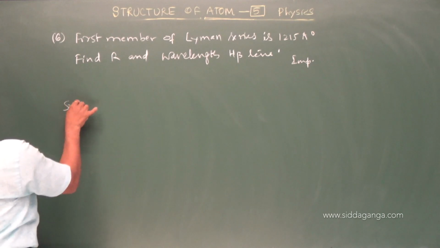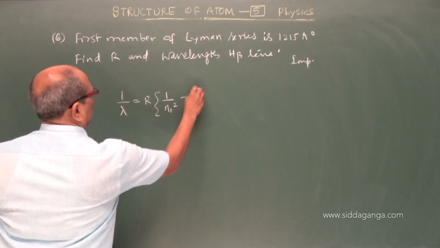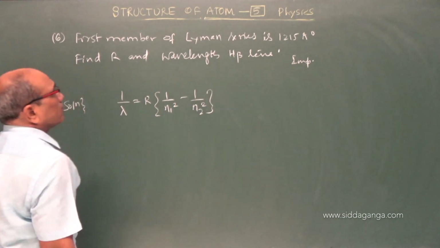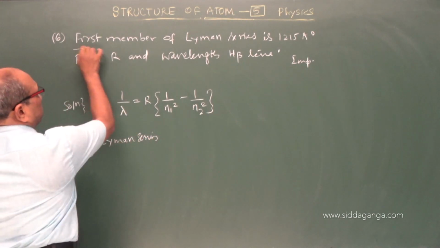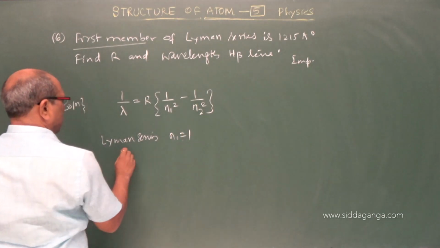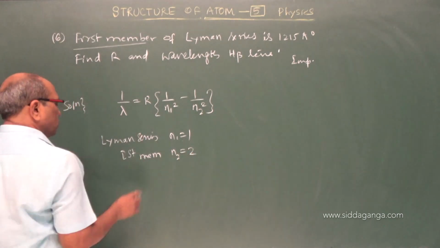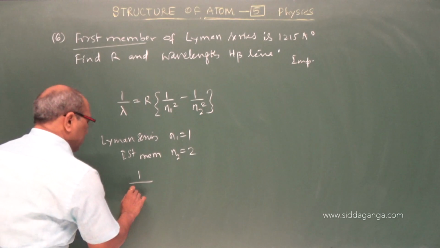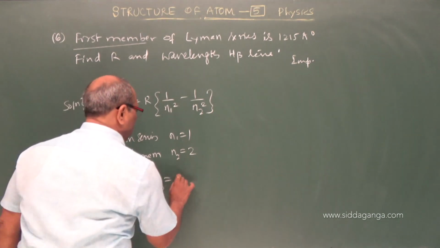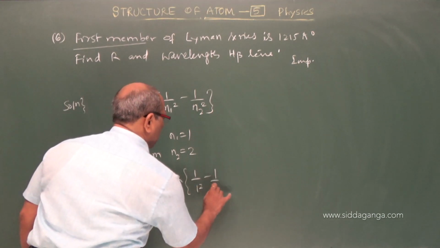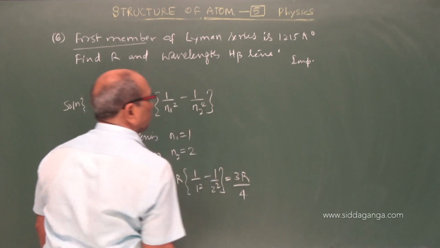For this solution, the equation is the same: 1 by lambda equals R into 1 by N1 square minus 1 by N2 square. For the Lyman series first member, N1 is 1 and N2 is 2. Substituting, 1 by lambda is 1215 into 10 power minus 10, equal to R into 1 by 2 square, which is 4 minus 1, 3R by 4.